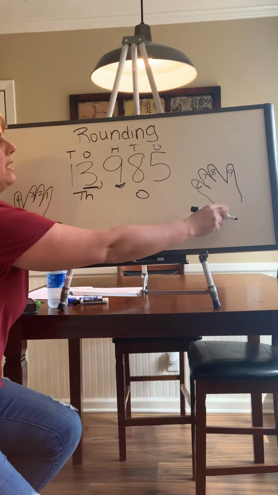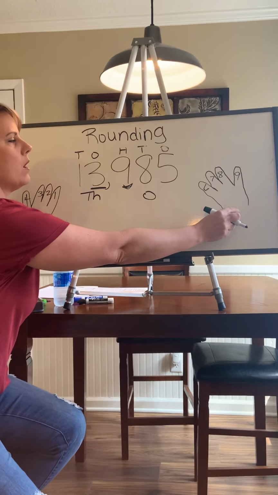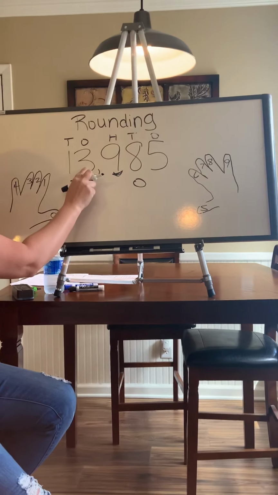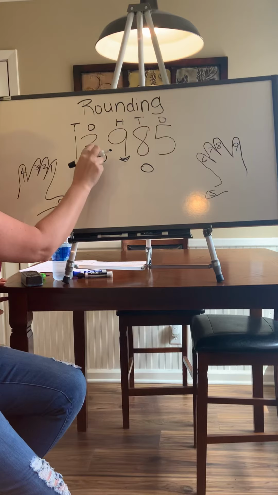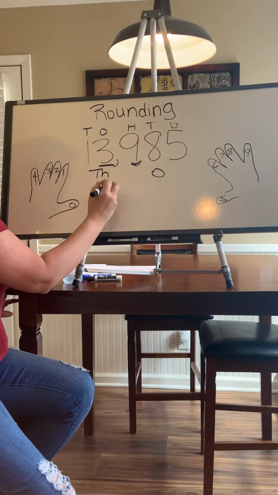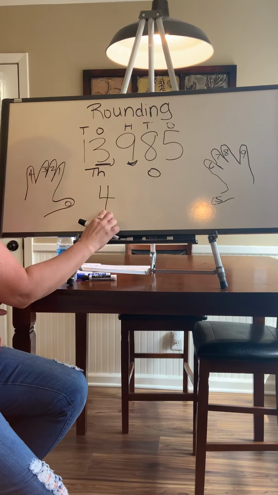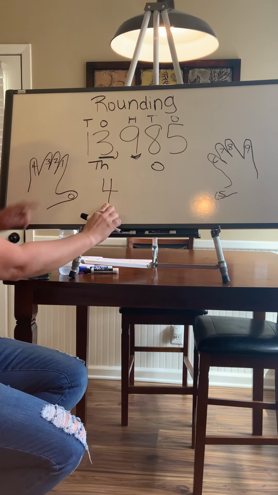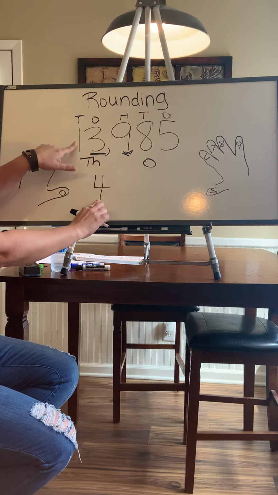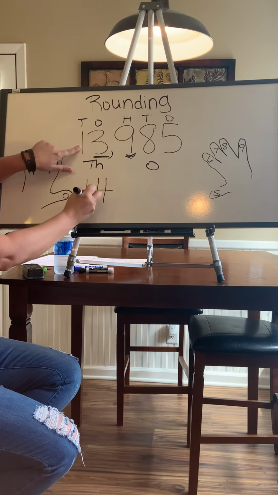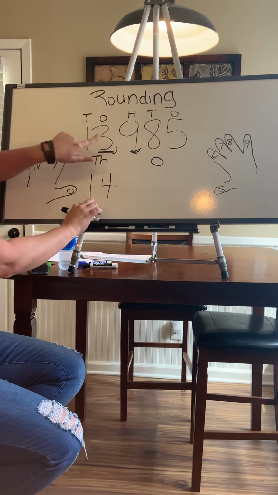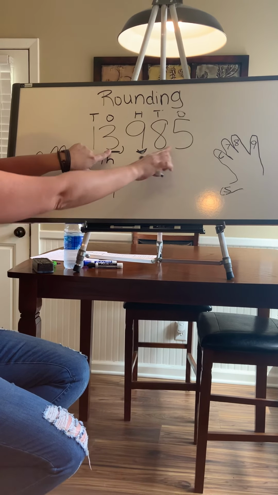Yeah, there's the 9. So it's a raise the score, which means we're gonna add 1 to 3. So 3 plus 1 is, yes, 4. So we're gonna write the 4 right under that. Remember, everything before stays the same. So that 1 is just gonna drop down. And everything after turns to a 0.